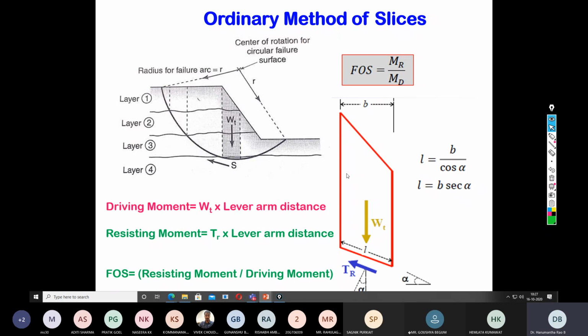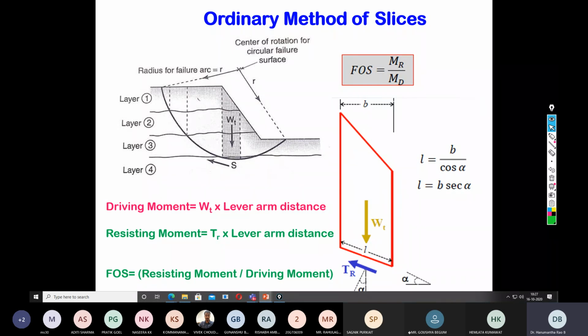The base is perfectly inclined, but in reality it is not inclined. It is a curve. If you look at this curve, this is an arc. But if you look at the slice, this is a linear line. So there is an inherent assumption that the base of the slice is linear.